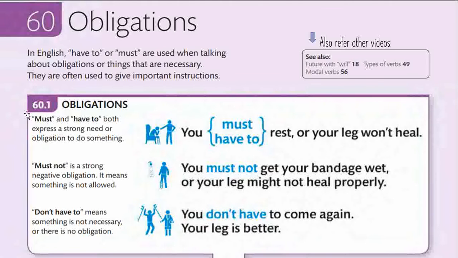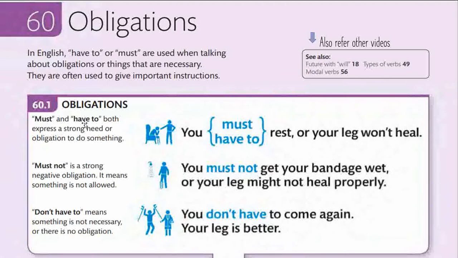The first pointer that we have regarding obligations is that must and have to both express a strong need or obligation to do something. Obligation, as I mentioned, is the course of action one has to take in order to fulfill a morally or legally inclined duty.